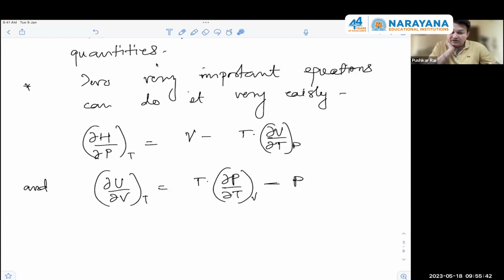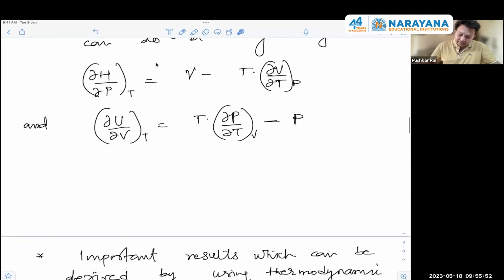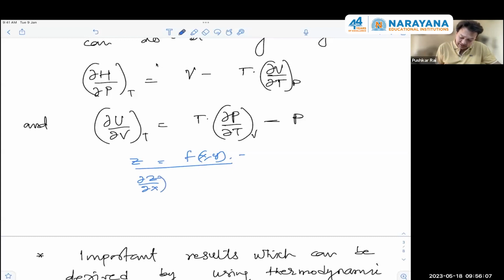If you know these two equations, you know all of the first law and very interesting things about it. Another very important fact in thermodynamics: if there are three variables, z is a function of x and y, then there is a very important mathematical rule, thanks to Euler, that del z by del x at constant y into del x by del y at constant z into del y by del z at constant x is equal to minus 1.